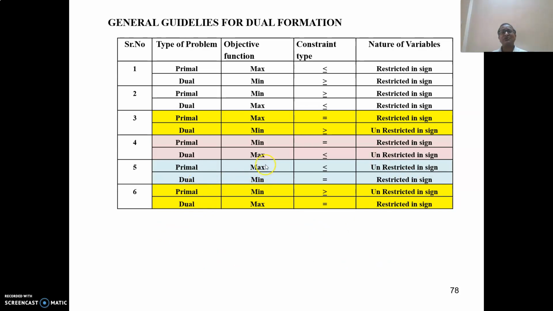In the dual, the objective function becomes minimization and the constraint becomes equal to type, with restricted variables. Case 6 is exactly opposite to case 5: the primal objective function is minimization, the constraint is greater than type, the variable is unrestricted, and in its dual, the objective becomes maximization and the constraint becomes equal to type, with restricted variables.